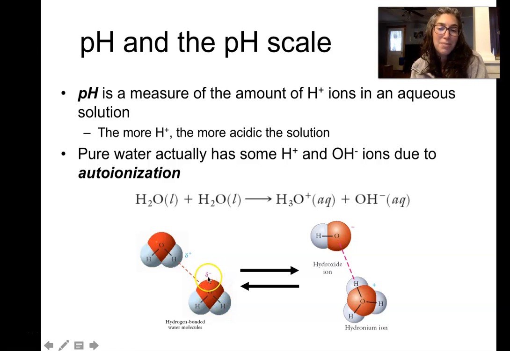Well, sometimes, like 1 in a million times, this partially negative oxygen, that electronegative oxygen, will actually pop off that hydrogen and you end up with a hydroxide ion and a hydronium ion. So in pure water, there is actually a small concentration of hydronium and hydroxide ions, but they're equal.